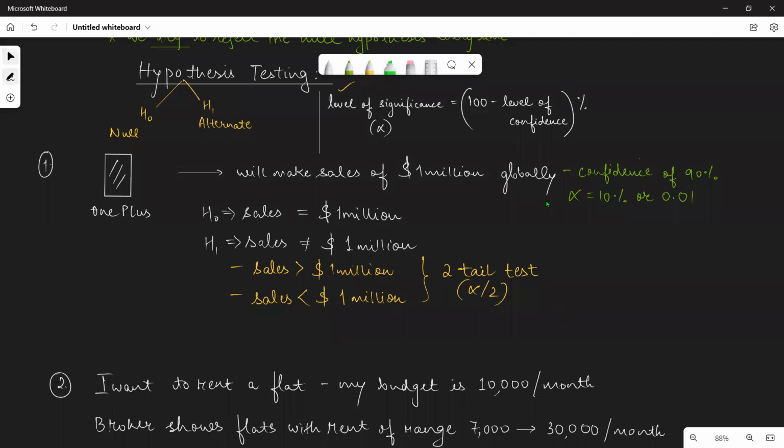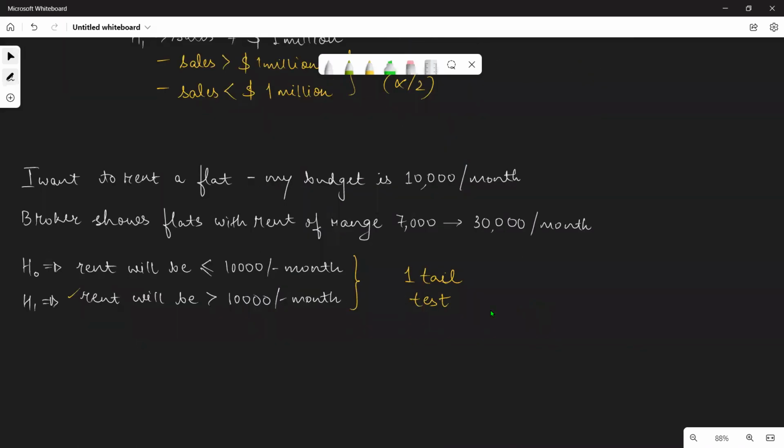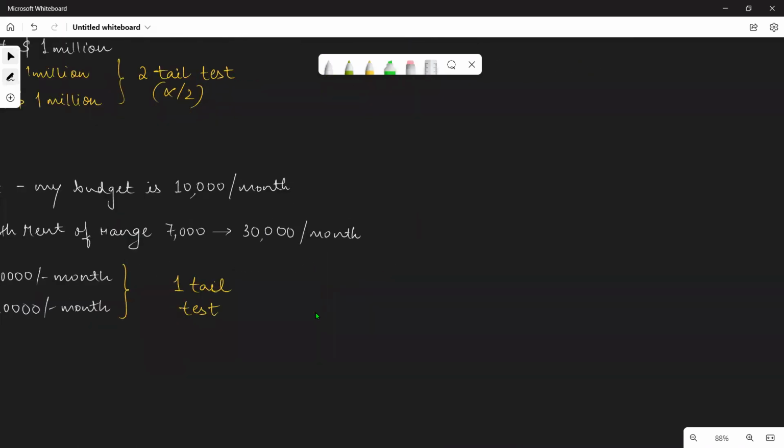Similarly, in this example, the one we were talking about, I say that my budget is 10,000 rupees per month. Let's say the confidence with which I am saying this is 95%. So alpha becomes how much? 5%. Simple.